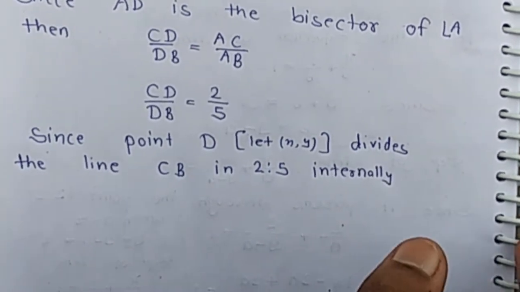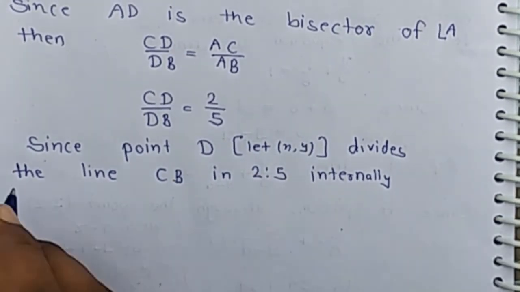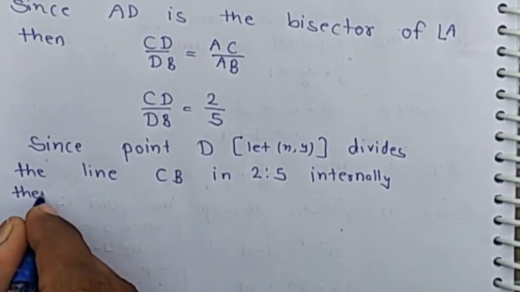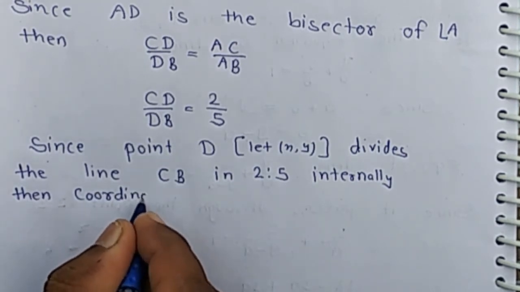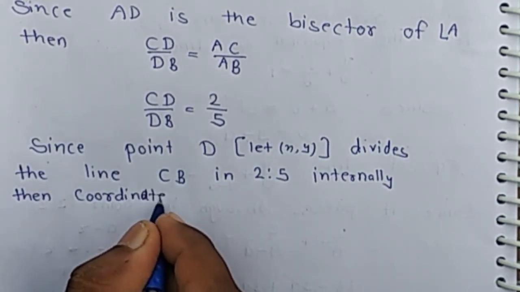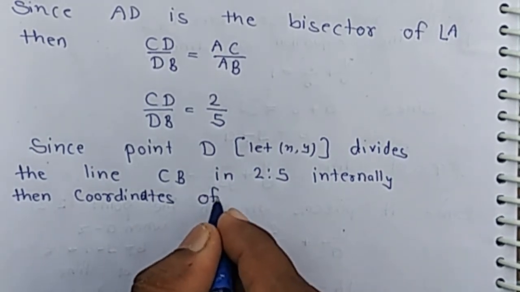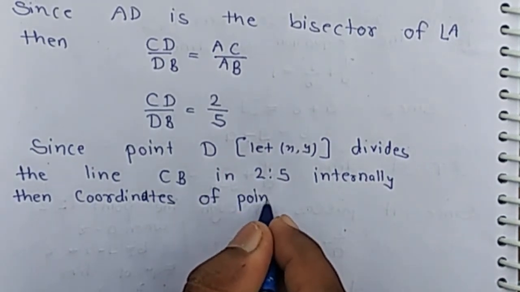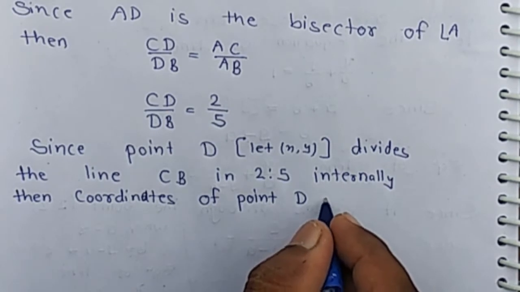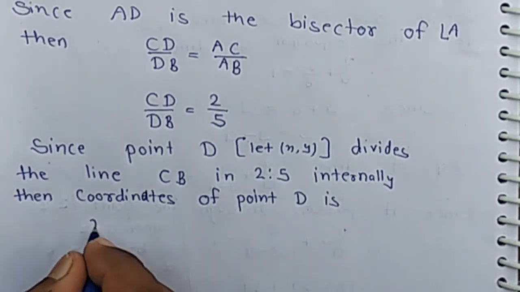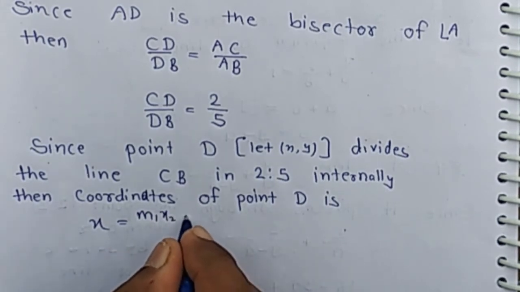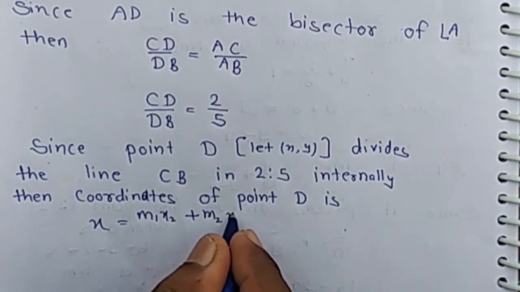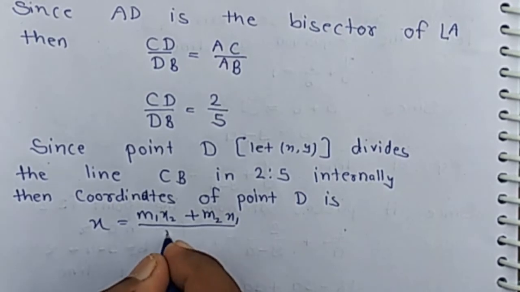the coordinates of point D are x equals (m1 x2 plus m2 x1) by (m1 plus m2).